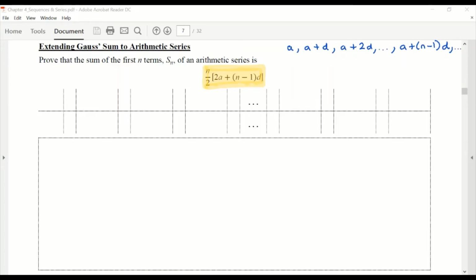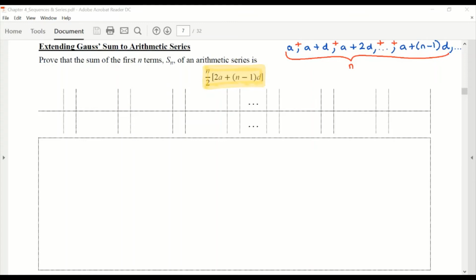Okay, so that's an arithmetic sequence. Now, the only difference, of course, is when we're considering a series, we're going to add all these terms together. That would be the sum of the first n terms. So all of this, there'll be n of them.